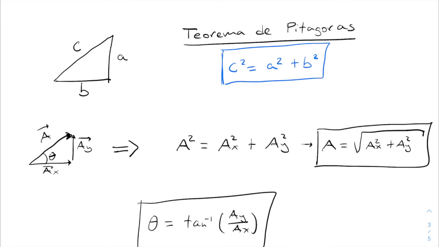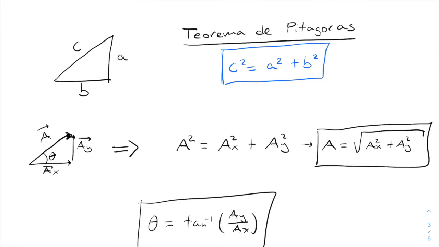And then taking this analogy to our vector, which also forms a right triangle, as we can see here, we have that the magnitude a squared is equal to ax squared plus ay squared, where ax is just the component in the x direction and ay is just the component in the y direction.